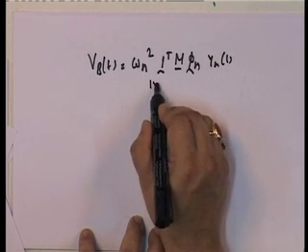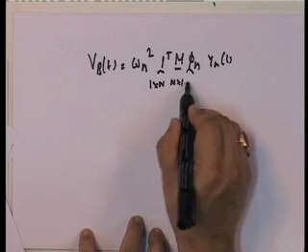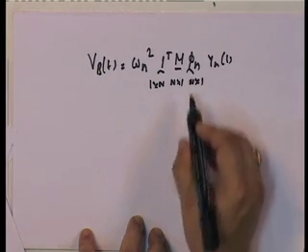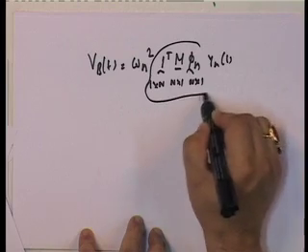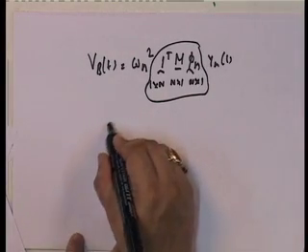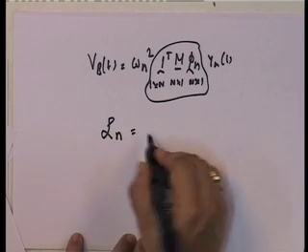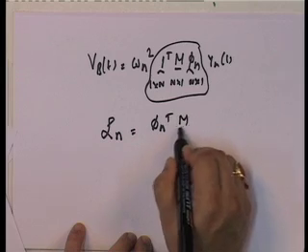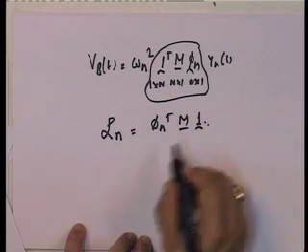This is 1 by n, this is n by 1, this is n by 1, and this quantity I will now define as L_n. L_n is nothing but phi_n transpose m 1.